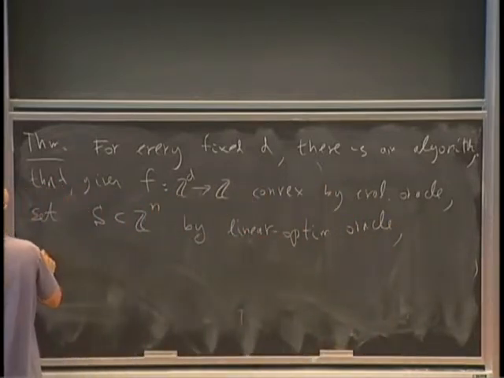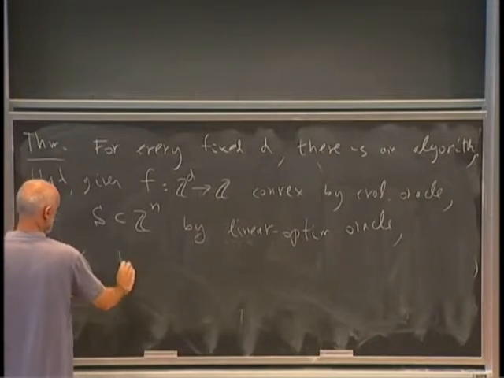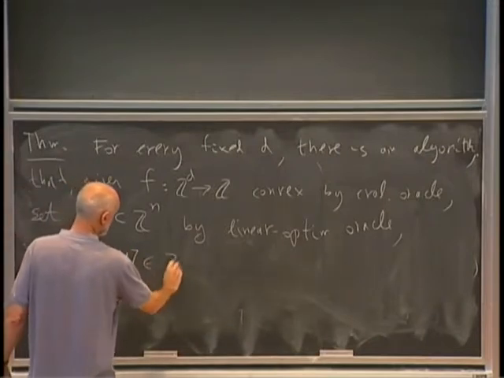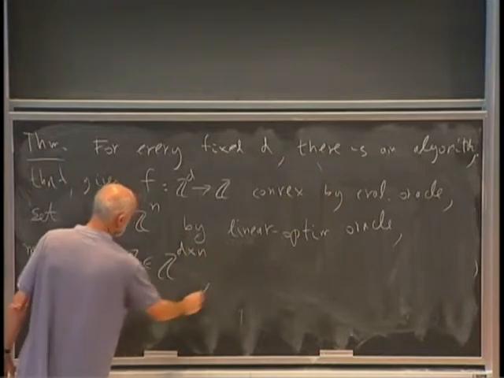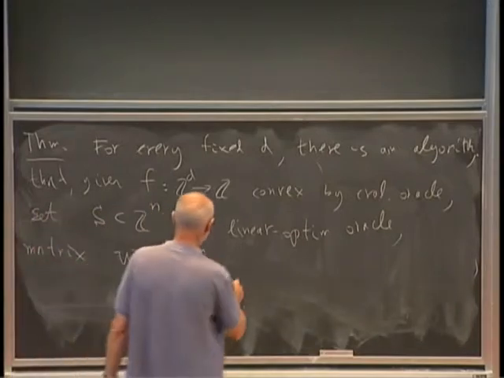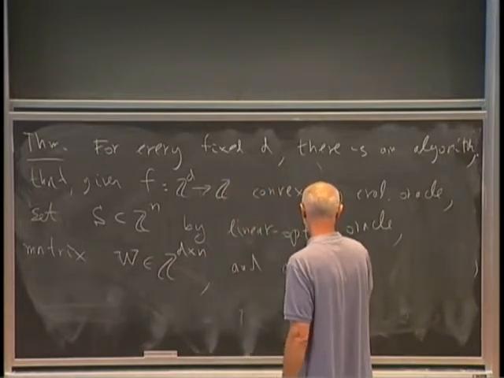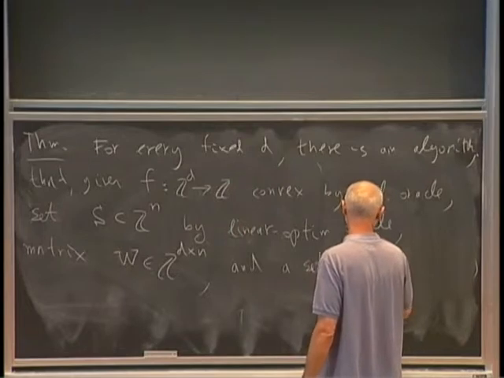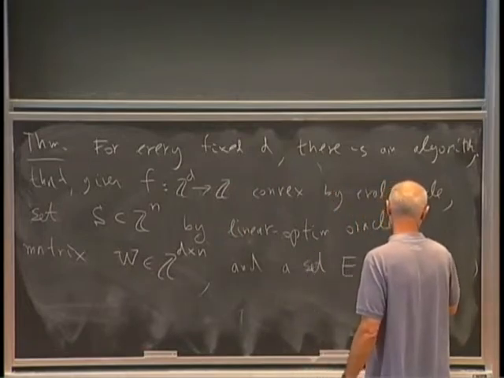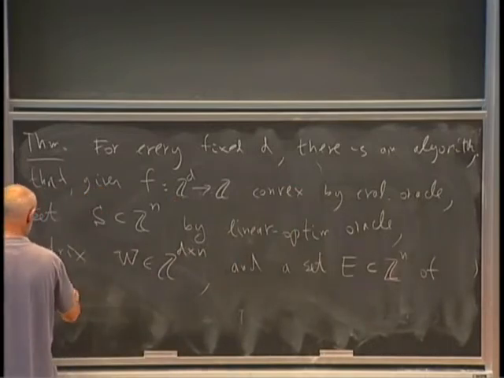a matrix W, let's say in Z^(d by n). So I'm talking about this optimization problem. And what else do we need here? And a set E of all edge directions of the convex hull.